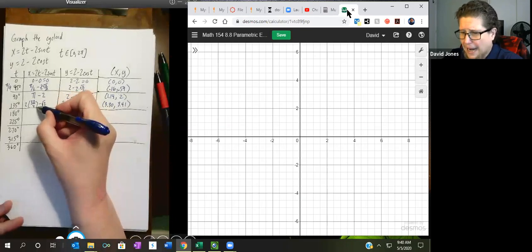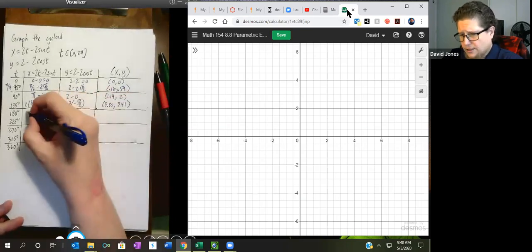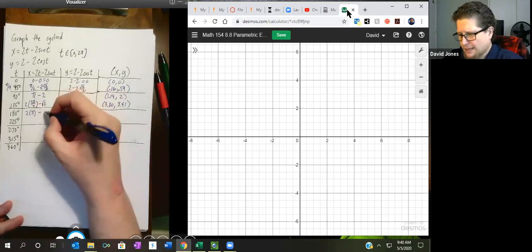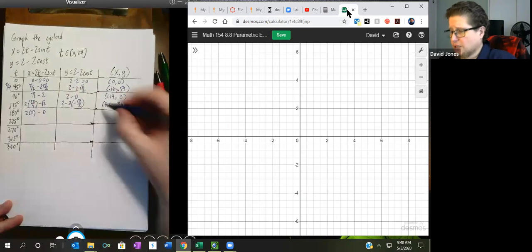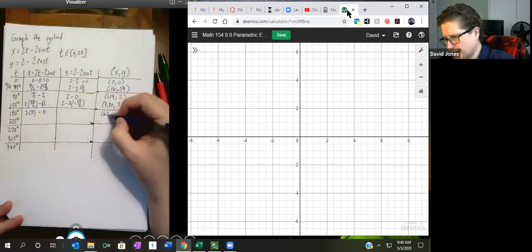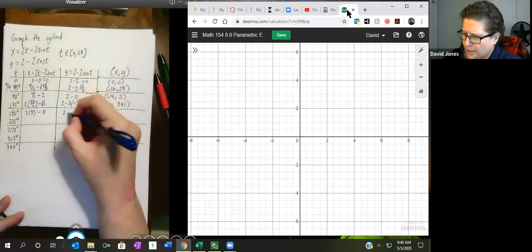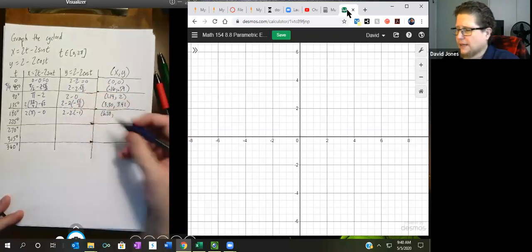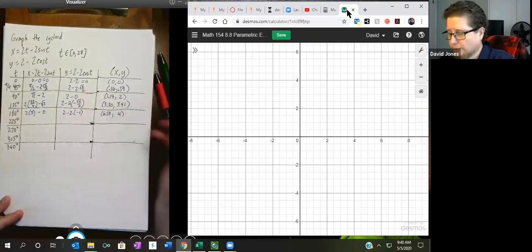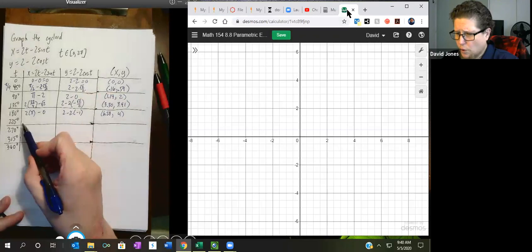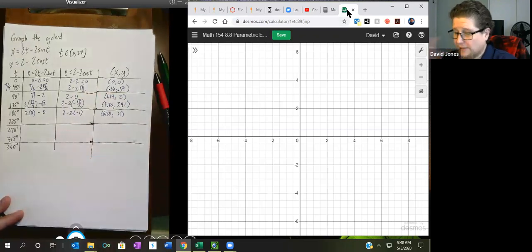180, we're at pi. 2 times pi is 2 pi. Sine of pi is 0, though. So we've got 2 pi, which is about 6.28. And then we've got 2 minus 2 times negative 1, which is 2 plus 2 is 4. Now we're in quadrant 3 where both of them are negative.